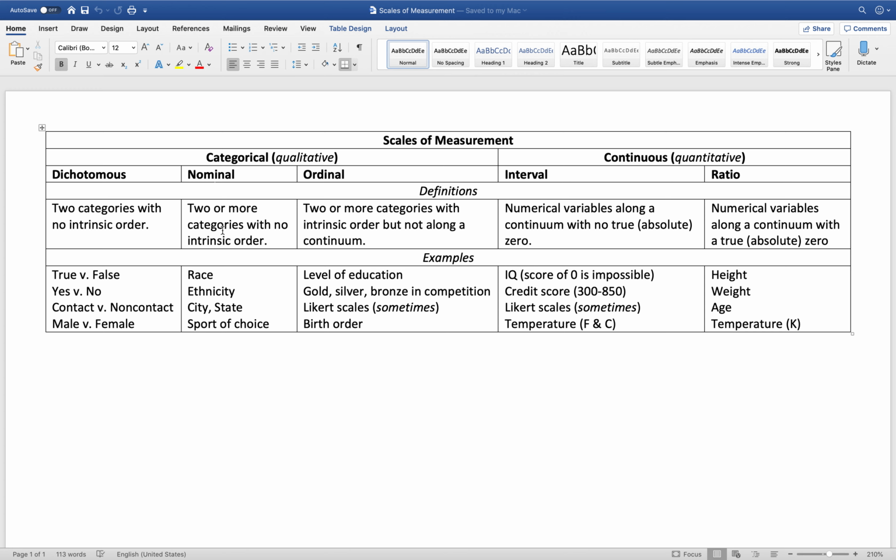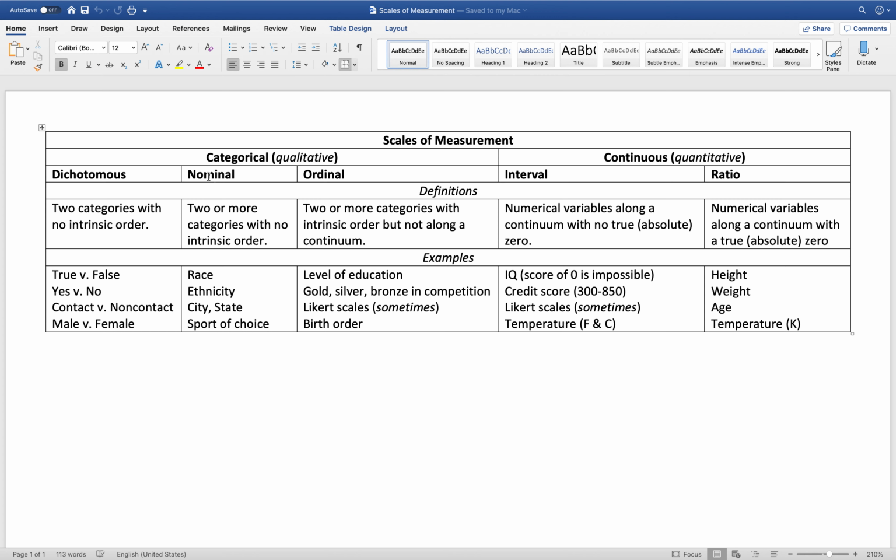This definition right here alludes to the fact that dichotomous variables can, in fact, be considered nominal variables as well. So if you have two categories with no intrinsic order, you can have certain publications refer to them as nominal variables, nominal measures, despite the fact that they are indeed dichotomous. So dichotomous would fall underneath the nominal category in certain instances.